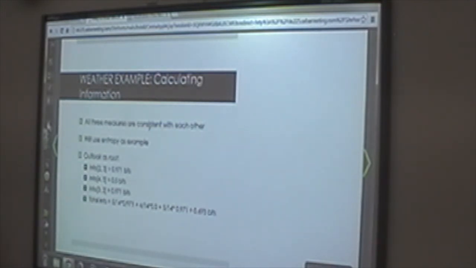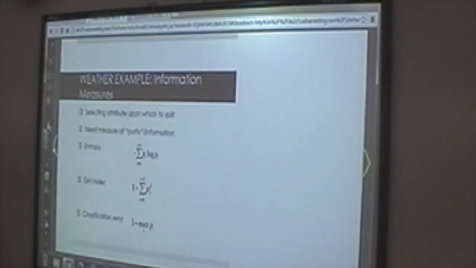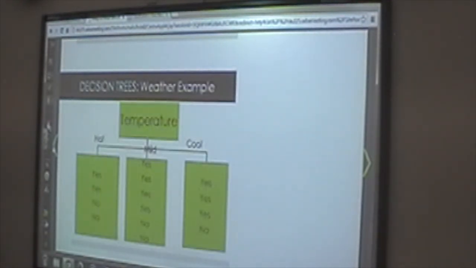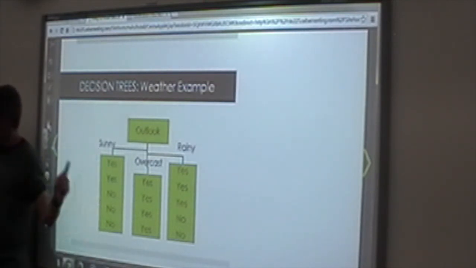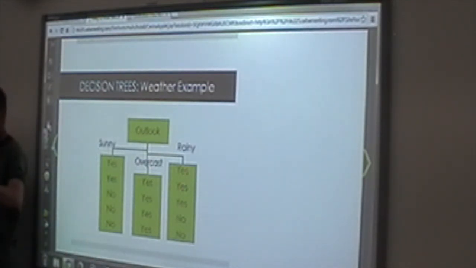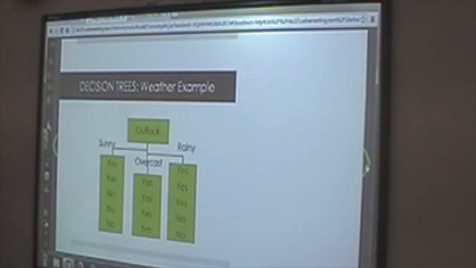let me bring that up. With Outlook, in this first case, there were 2 yeses and 3 nos, right? So there's 5 instances. So my p sub i for that first case is the information of 2 out of 5.